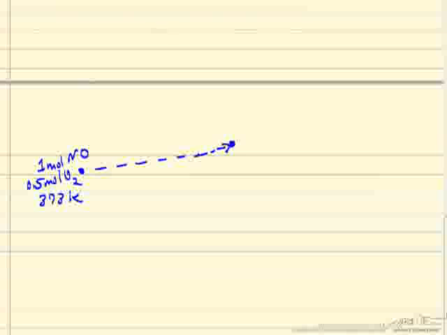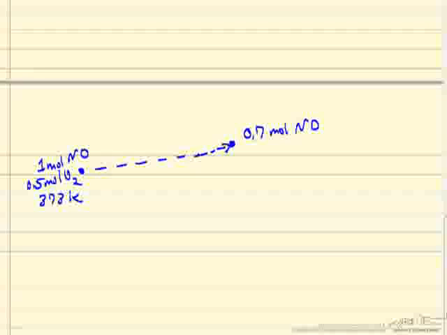So what I'm going to do is draw a representation to help visualize the solution. We have 1 mole of NO, a half mole of O2, at 373 Kelvin, so I've converted to absolute temperature. If we're converting 30%, then 70% of the NO is unreacted.